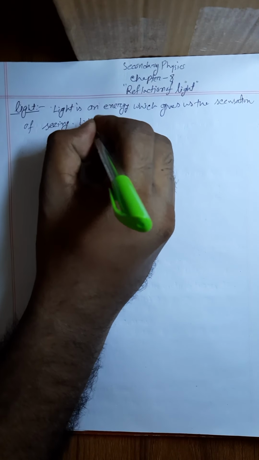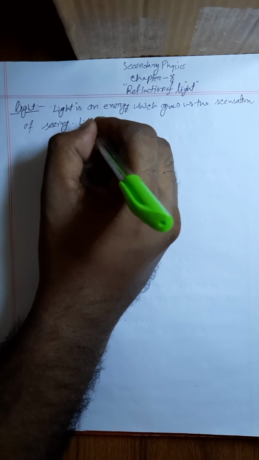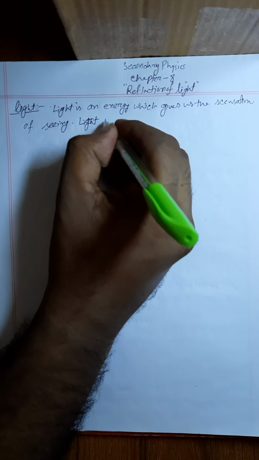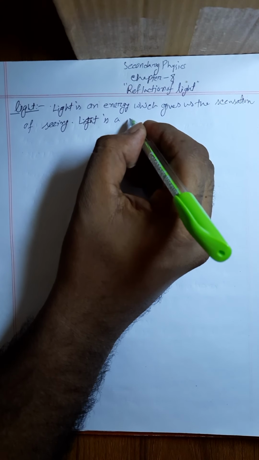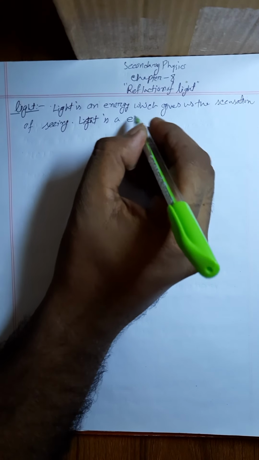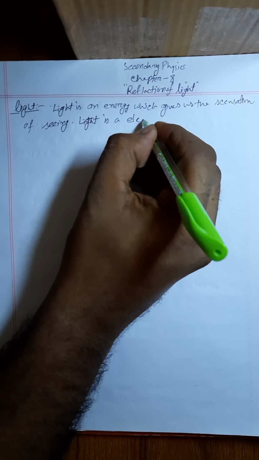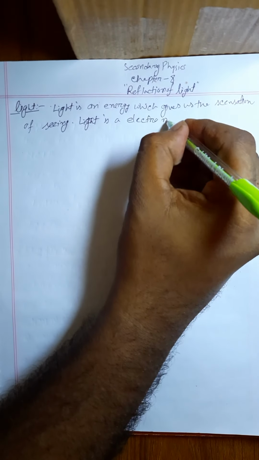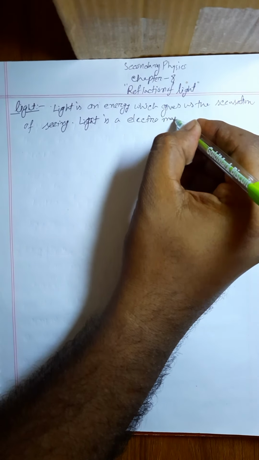A wave that has both an electric component and a magnetic component together is called an electromagnetic wave. Light is an electromagnetic wave.